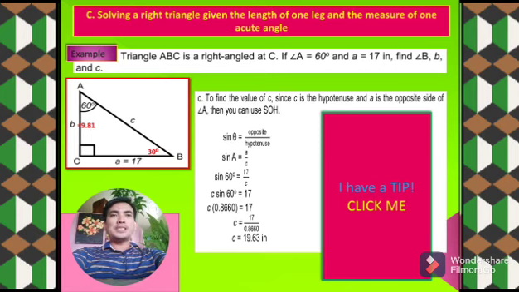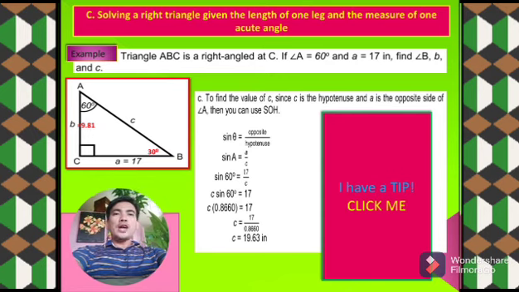So as we substitute, sine A is equal to A over C, or you could have sine 60 degrees is equal to 17 over C. By simplifying, therefore you would have the side C is equal to 19.63 inches. So we have here a tip.